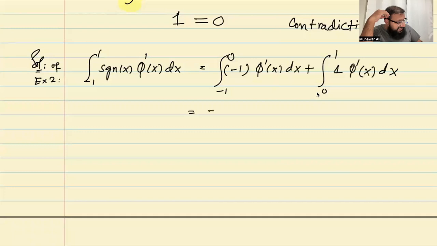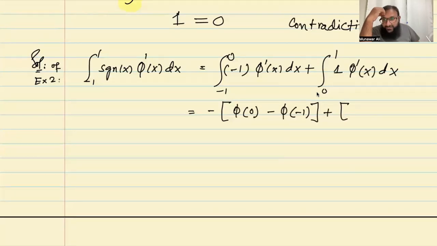I'm taking the negative outside, and the integral of phi prime is phi. Now I'm evaluating phi at 0 minus phi at -1. Plus, again, integrating phi prime gives phi, evaluated at 1 and 0: phi of 1 minus phi of 0.